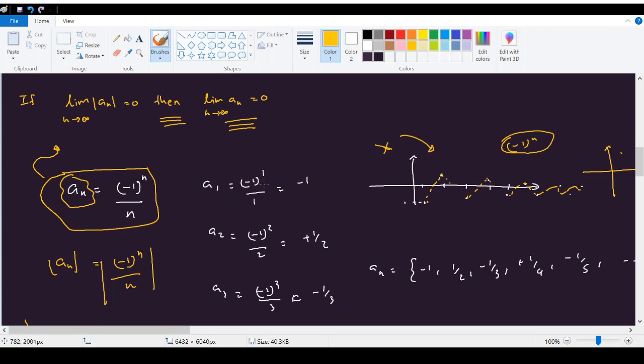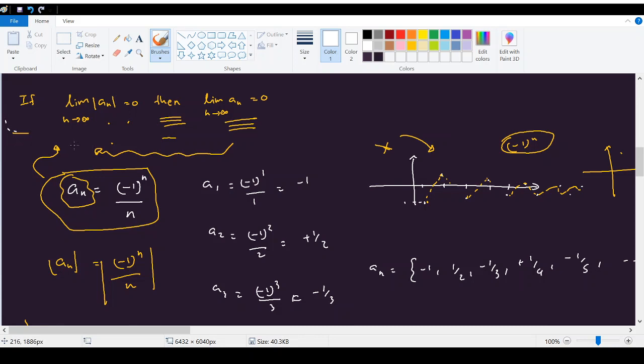And I should say one more thing about these if-then statements. Here in this theorem it says if the modulus of the sequence goes to 0, then we have this one, but it does not say anything about the other direction. You have to understand these if-then statements very carefully.